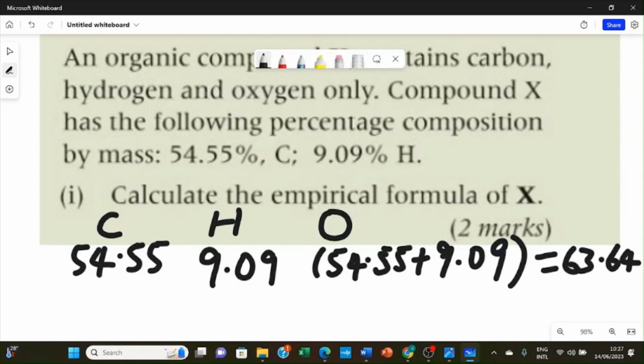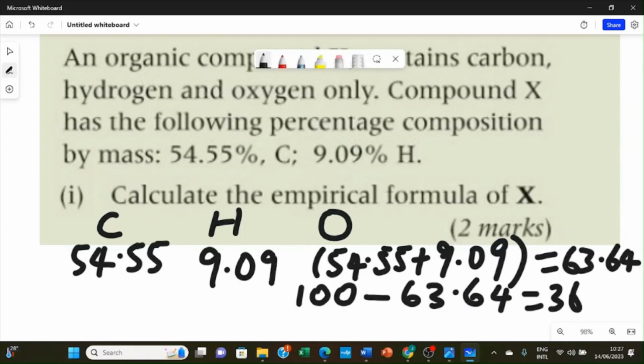Since the total is in percentage, the percentage composition by mass of oxygen will be 100 minus 63.64, which is equal to 36.36.